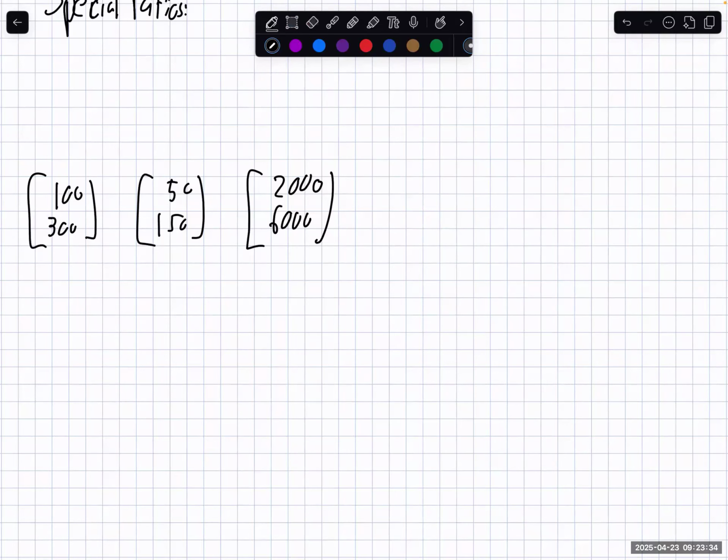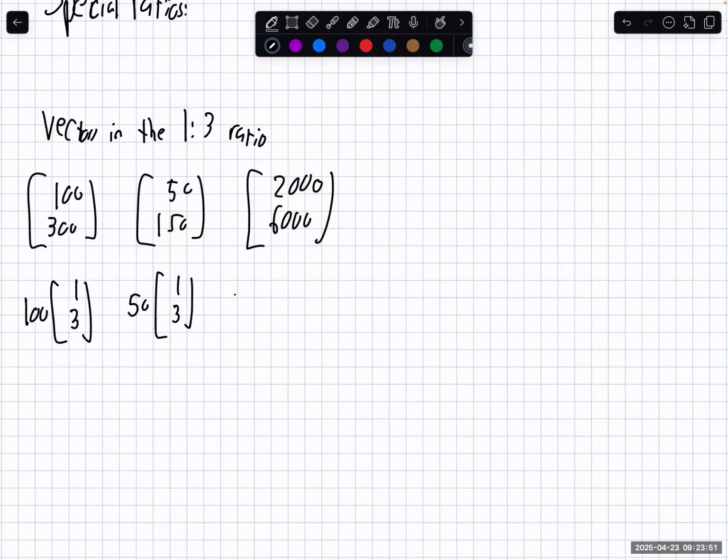So, say that a vector is in the 1-to-3 ratio just means it's some multiple of the vector 1, 3.